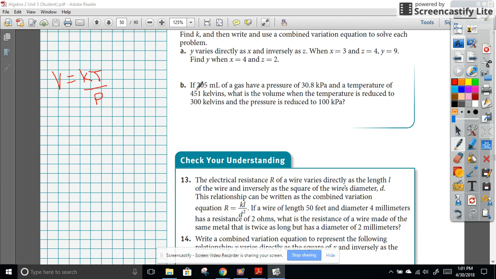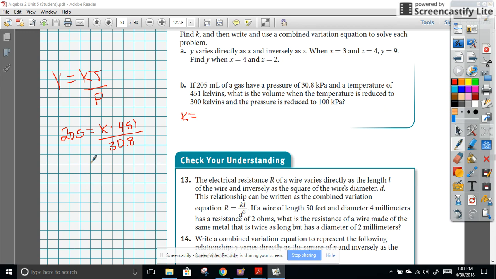Okay, so here's the given information. 205 milliliters of gas, that's the volume, have a pressure right there. So they give us 205 equals K times, with the temperature 451 divided by 30.8. So we've got to find K. That's where we start. We have to find K first.